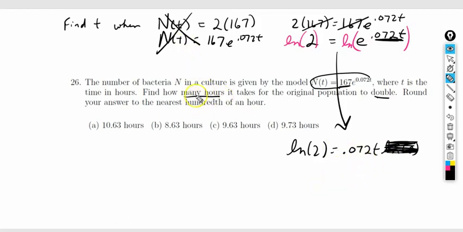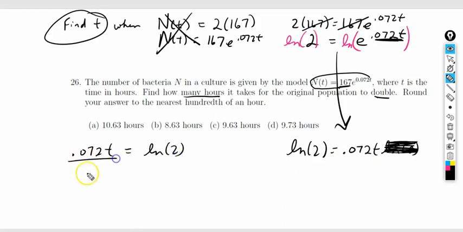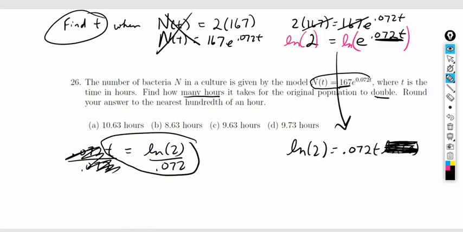We're meant to find t. I have 0.072 times t. So divide both sides by 0.072. So once you cancel, this is exactly how much time it will take.